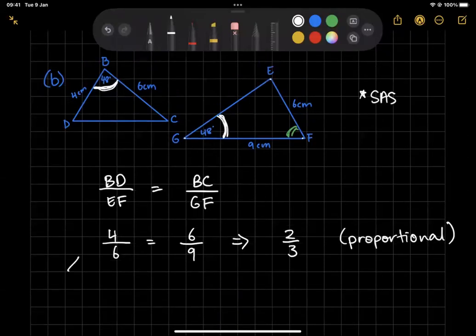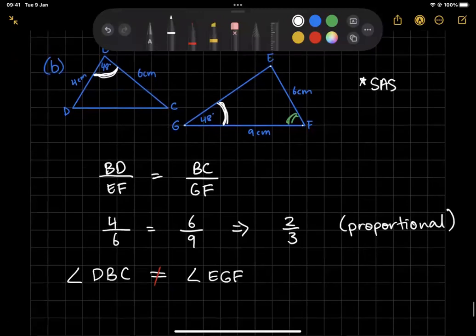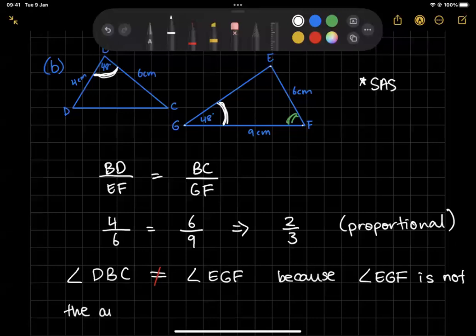So this is how I'm going to write it. Angle DBC is not equal to angle EGF, if I slash inside the equal sign, because angle EGF is not the angle included by the lines EF and GF.